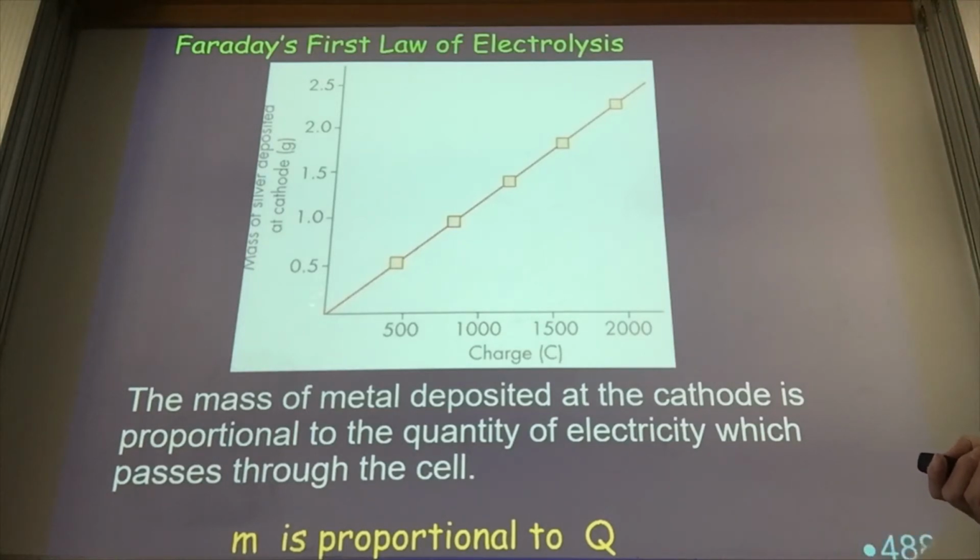First of all, if you're plating a particular metal, so just say you're electroplating silver, then the mass of silver deposited at the cathode is going to be proportional to the amount of charge which passes through the cell. So mass is proportional to Q, the amount of electrical charge.